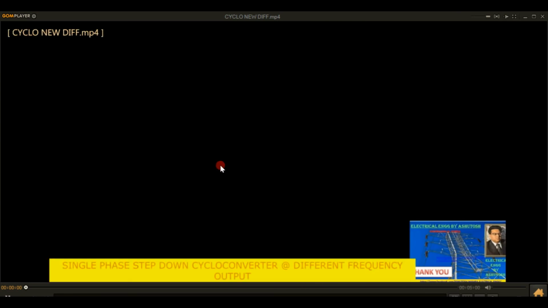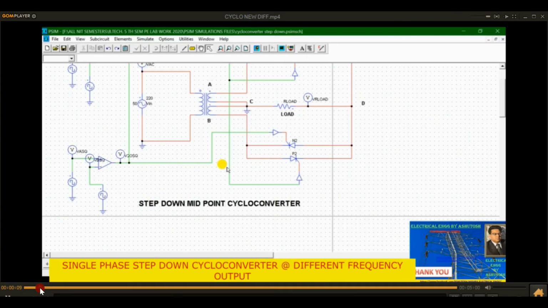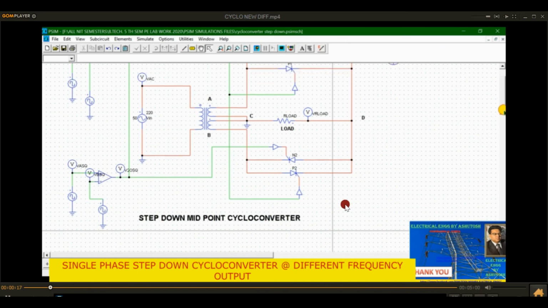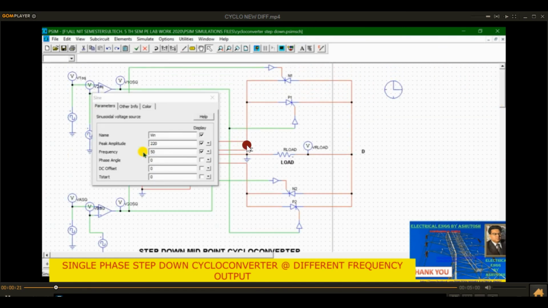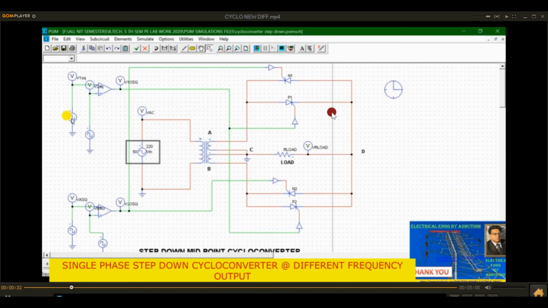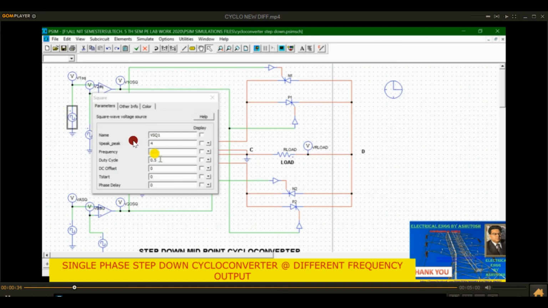This is the step down cycloconverter, called the step down midpoint cycloconverter. You will see the output waveform at different frequencies. First, the AC input is 50 Hertz. Then the left one is 100 Hertz.